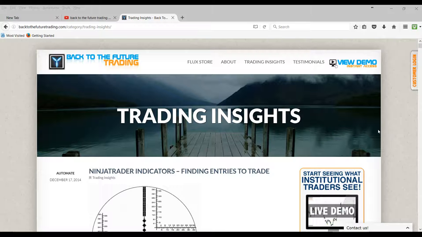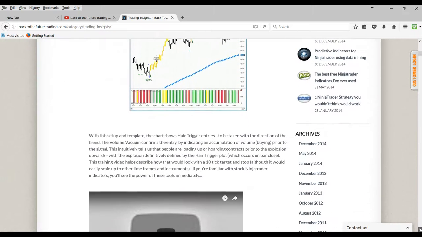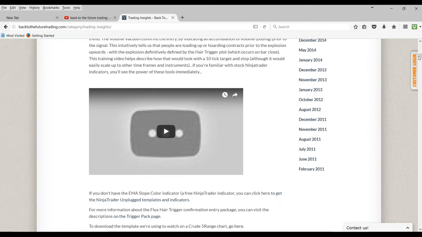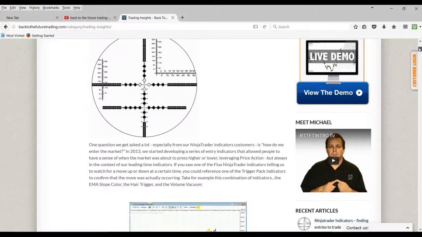Welcome back, traders. This is also the Flux Power Zone with the Trend Stalker Elite. This is the website, Back to the Future Trading. People have been asking me what program this is, and this is the program that I use for the time signals. You can register for webinars, and he will also send you the trading times on Wednesday of every week, 2 days in advance before they happen.